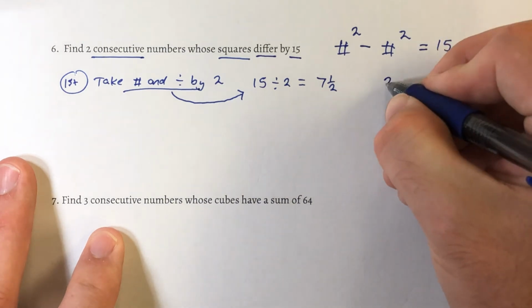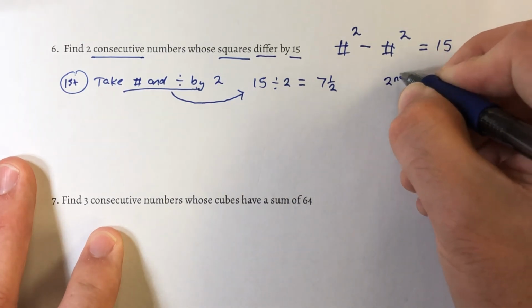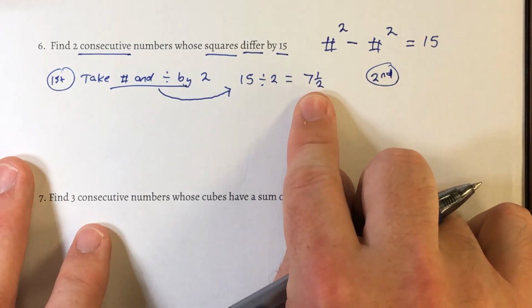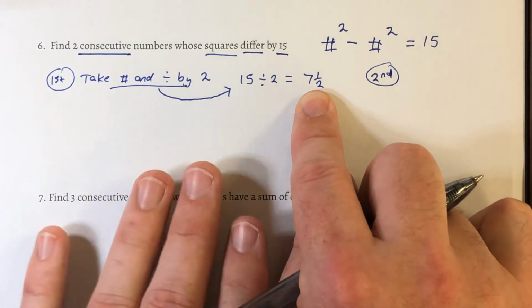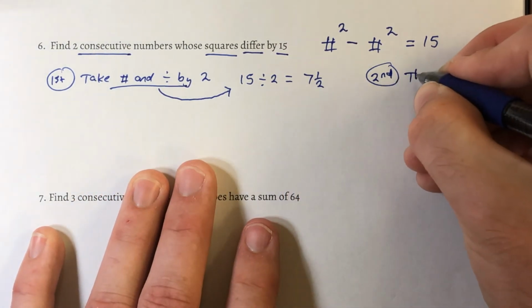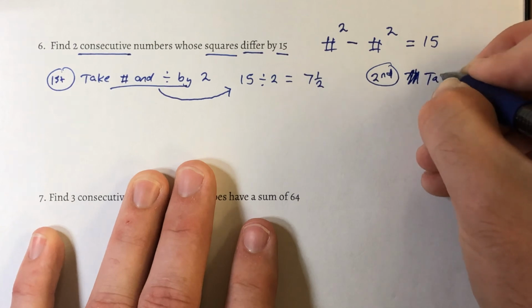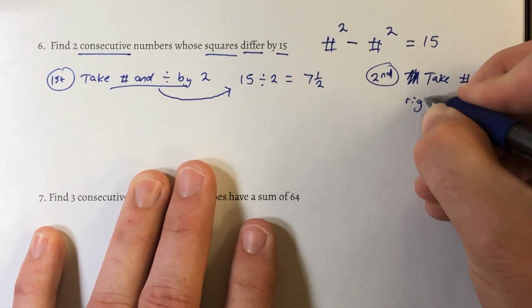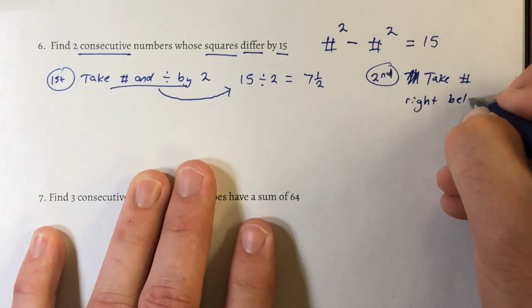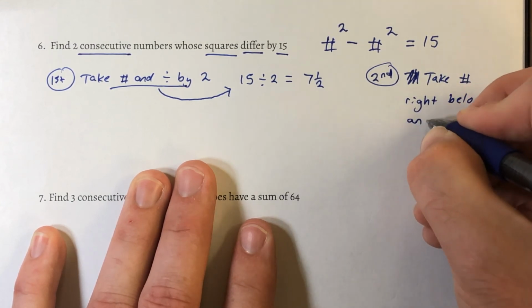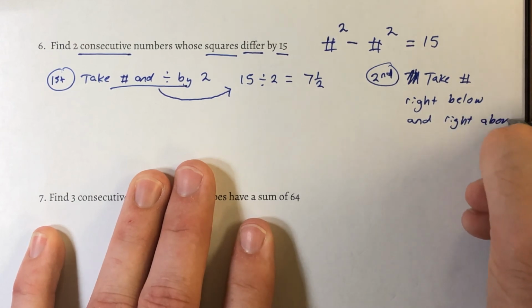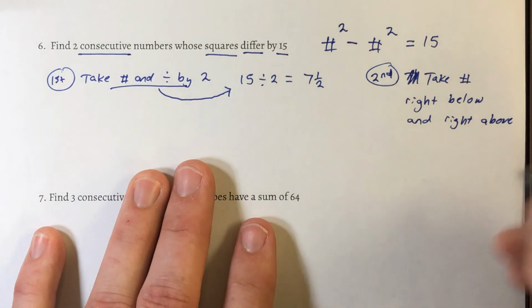Our second step, we're going to take the number right above and right below 7.5, and that will be your answer. So take the number right below and right above for your answer.